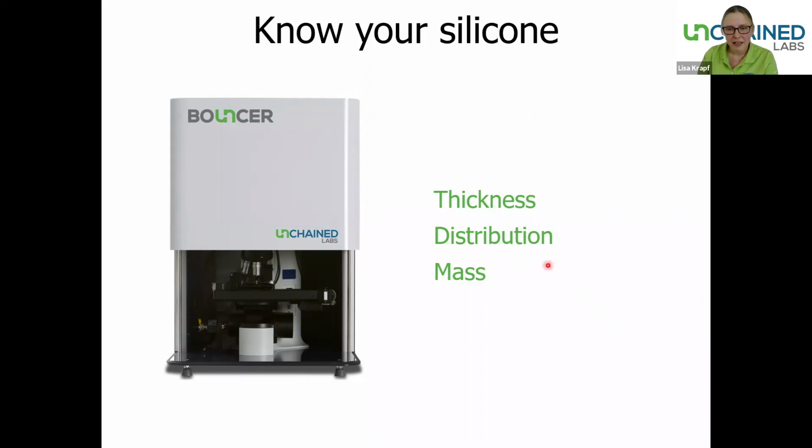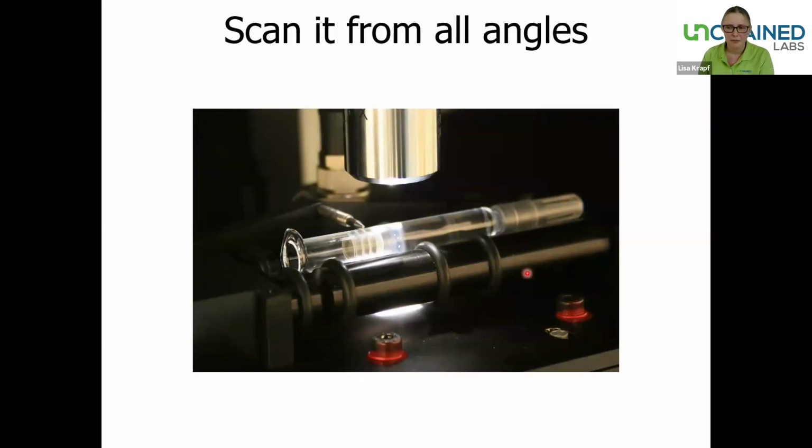To measure these values, Bouncer uses a microscope. You can see the microscope stand inside here. And we use two techniques to measure the thickness, which are white light reflectometry and laser interferometry. I'll go into the details of that later. So let's first have a closer look at how the samples are loaded in Bouncer.